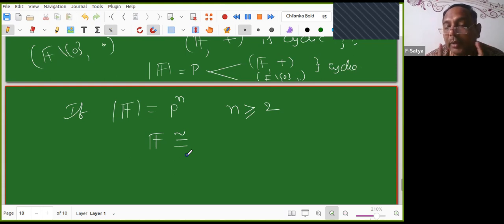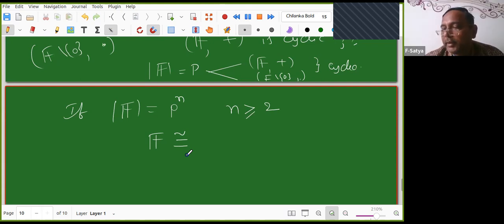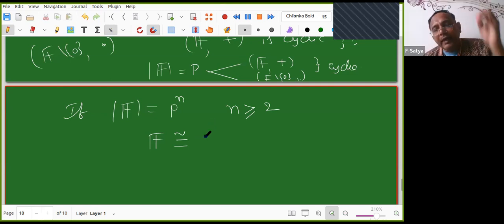Additive order, right? So what is the possible order of an element? If it is 0, then the order is 1. If it is non-zero, then exactly p. So the wonderful thing is that the order of every non-zero element is p only.